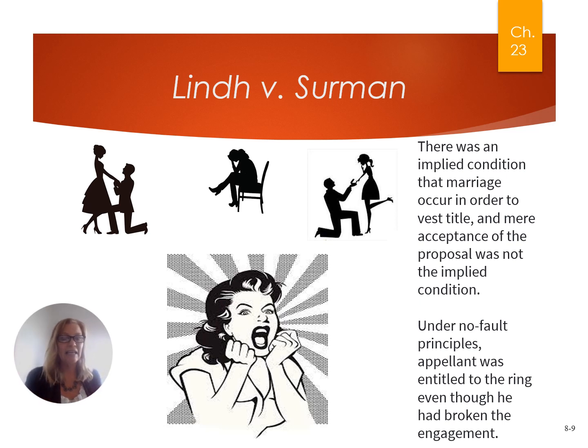In this case, the appellee tried to say, well, it was his fault. He broke it off multiple times. But the court said, listen, under no-fault principles, the appellant is entitled to the ring. It doesn't matter who broke the engagement off.